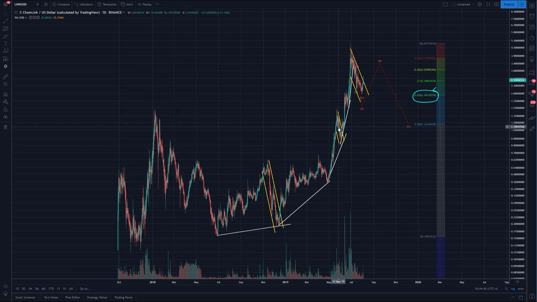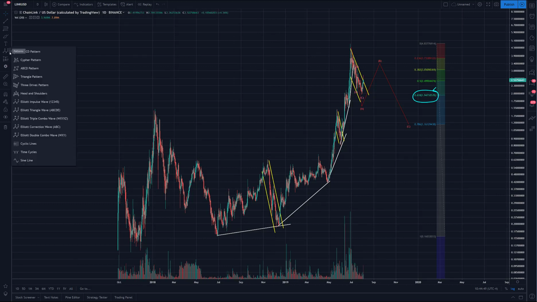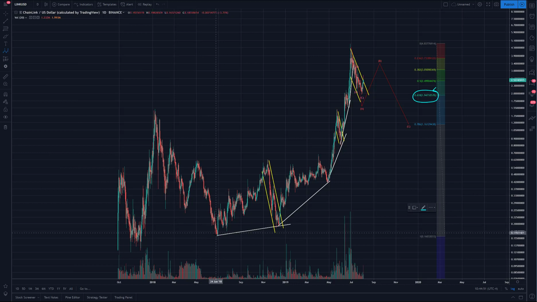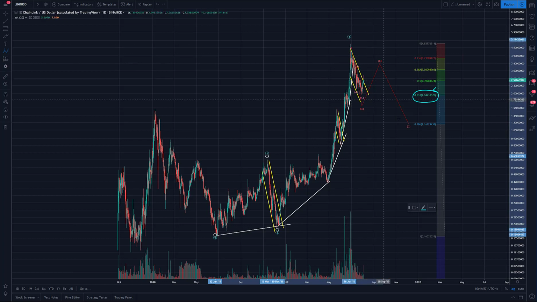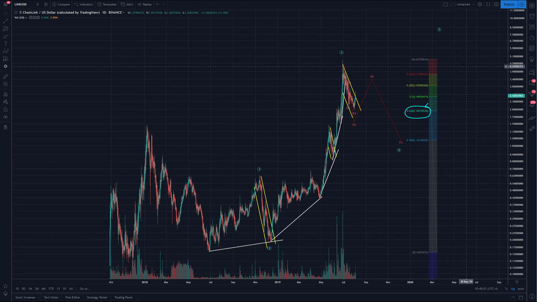The reason why these were complete is because they were in the midst of an Elliott wave impulse sequence that looks like this. So you can say we have wave 1, 2, 3, 4, 5, but I think it could be a 3, 4, and a 5, like so.